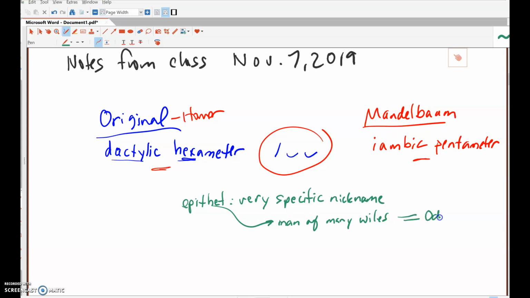Of course, Odysseus. If you read the rest of that proem, you will find another epithet, and I'm not going to tell you what it is. I want you to try and find it yourself. But it's right there in the first two stanzas of the epic, also known as the proem. Okay, so an epithet, a very specific nickname, was often used to fill space, to fill out lines.